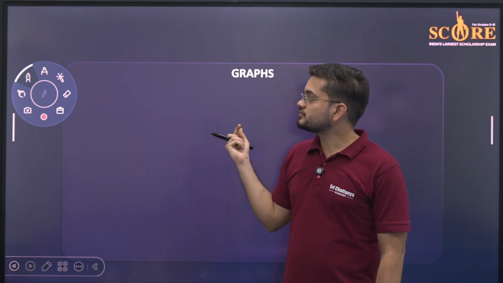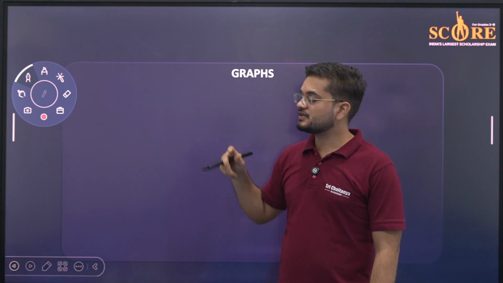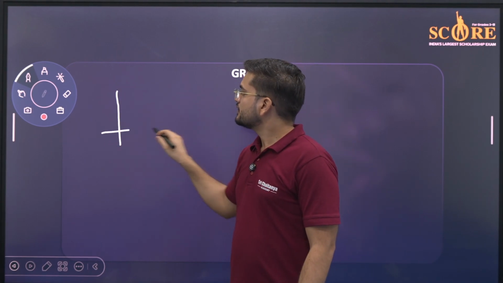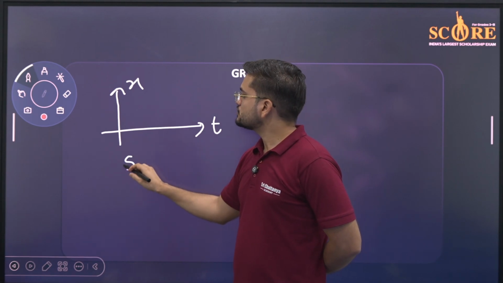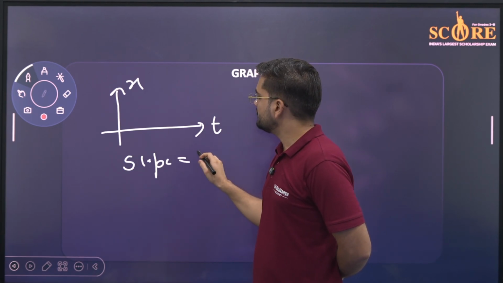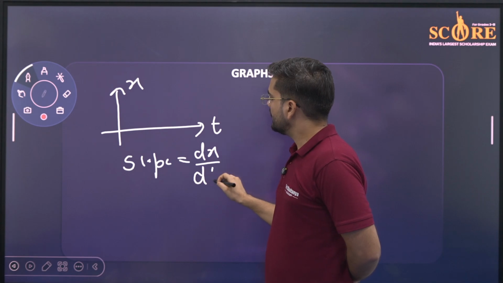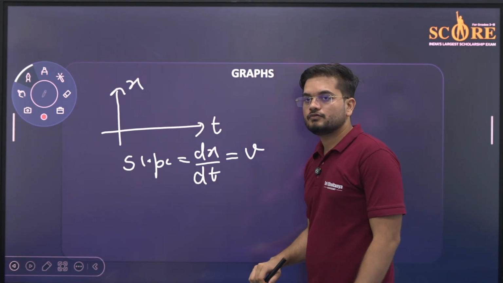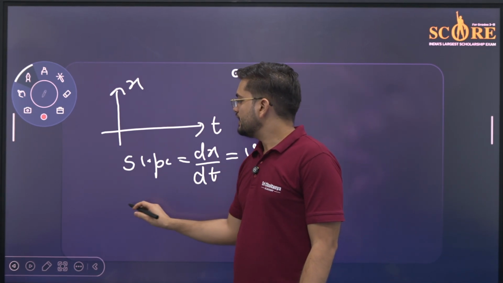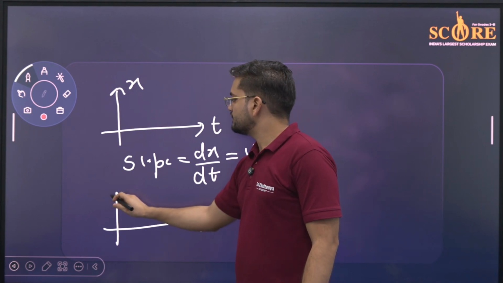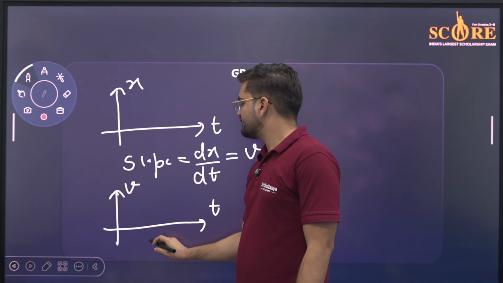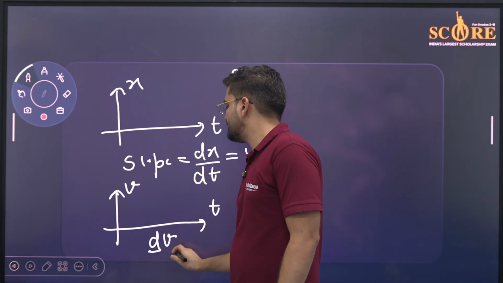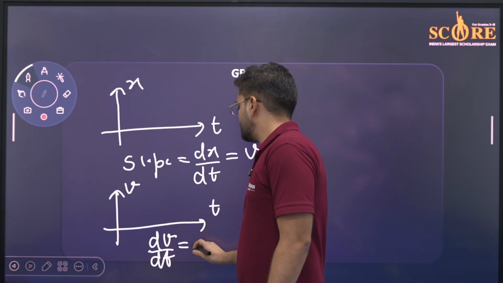By using the concept we have discussed earlier, if I draw the xt curve, then the slope of xt will be dx by dt, and dx by dt is equal to v. And for the vt curve, the slope of vt will be dv by dt, and it is equal to a.